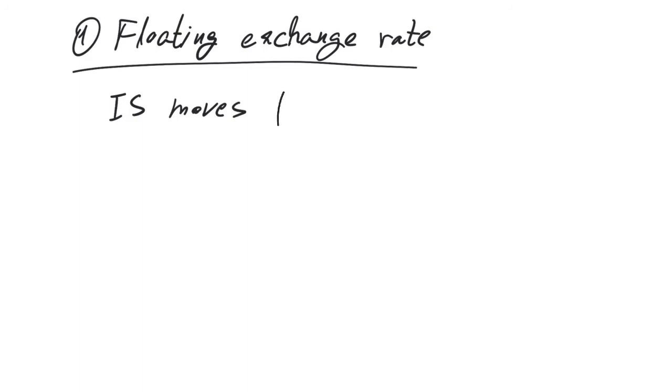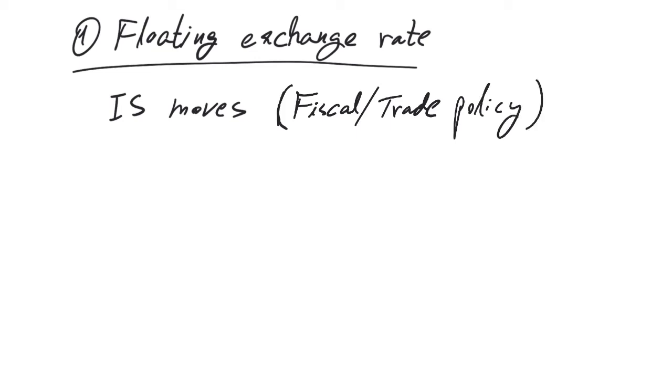So this would include fiscal or trade policy. The problem with this is that the only thing that will change is the exchange rate. So this will not do anything for the real economy. It will only change the exchange rate.